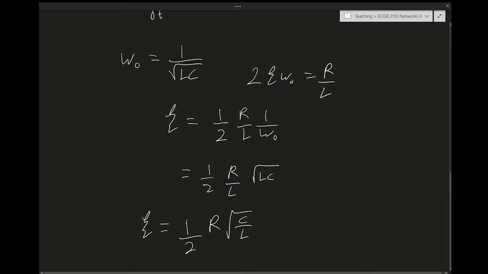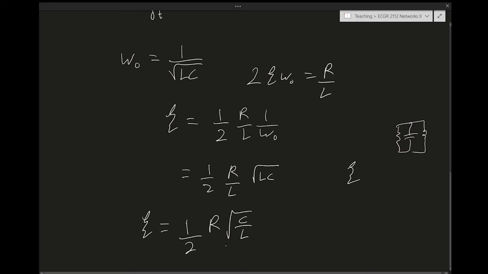Notice that this contrasts with what we got for zeta in the case of the parallel RLC circuit. It's different. It's the reciprocal of this, except for the square root of 2. It doesn't matter.